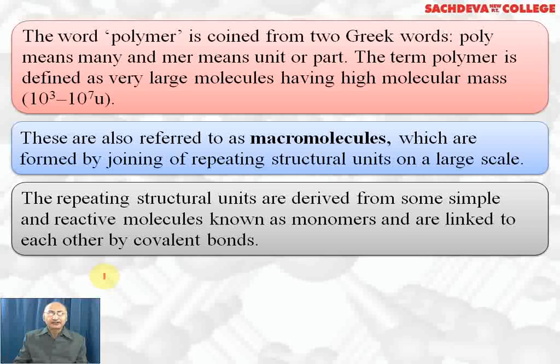The repeating structural units are derived from some simple reactive molecules which are called monomers. That is, small molecules which on repetition lead to the formation of a large molecule are called monomers. And these monomers are linked by covalent bonds.